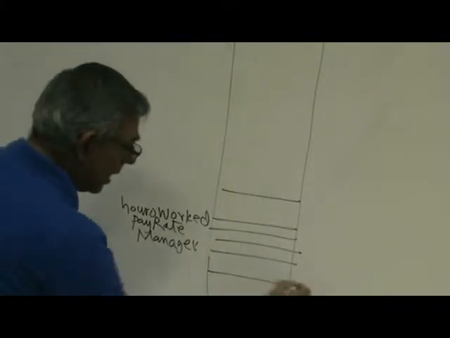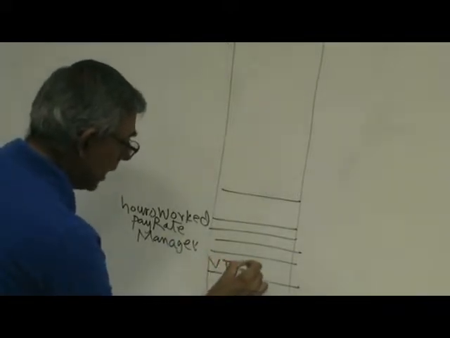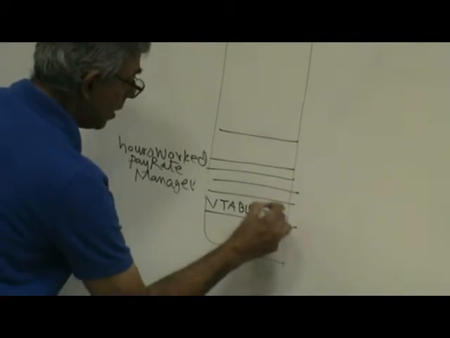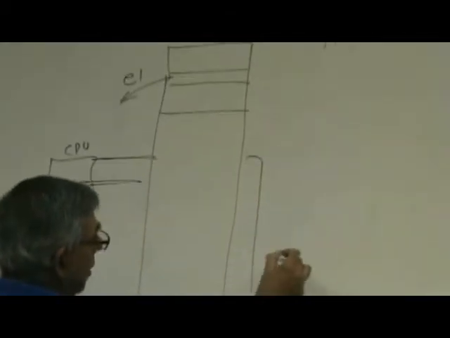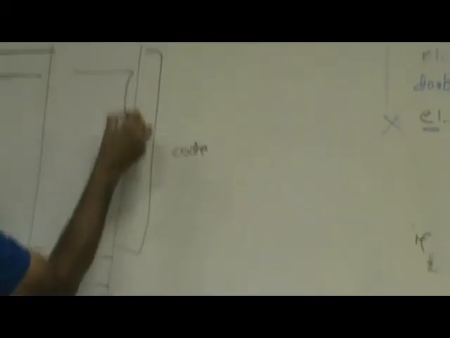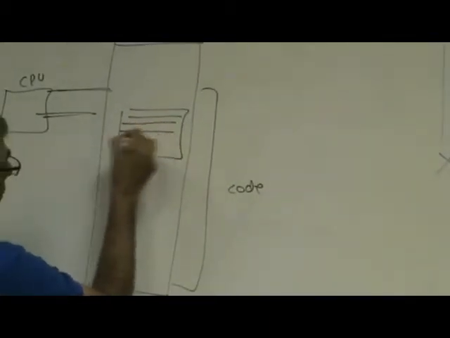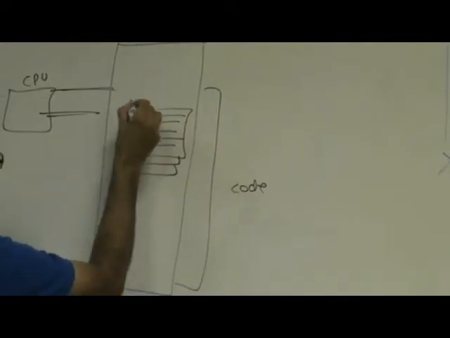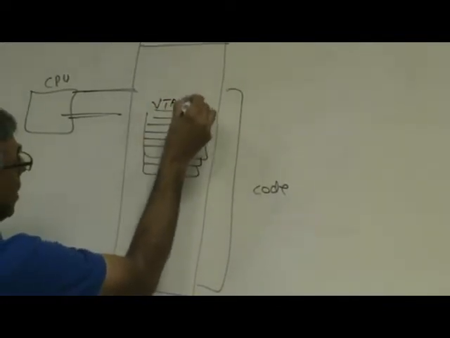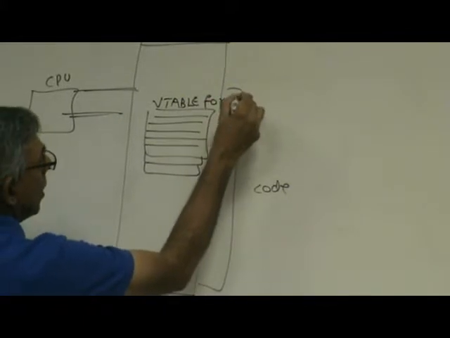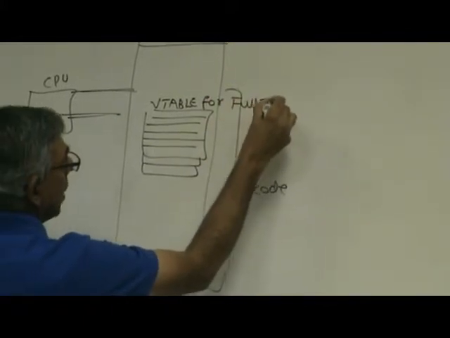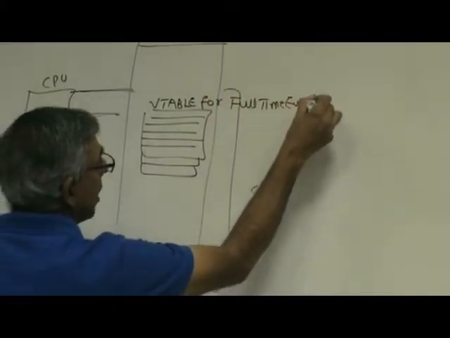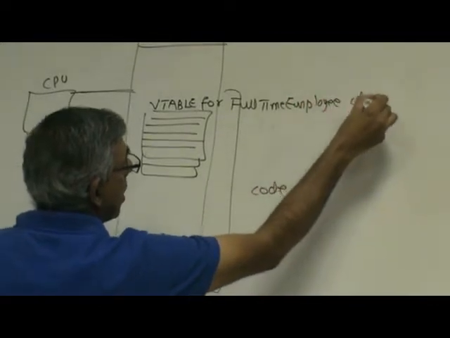And then there will be the vtable pointer, the extra pointer. This will take us to the code area. In the code area, 1, 2, 3, 4, 5, 6, 7, 8. This will be the vtable for the full-time employee class, correct? So this will be pointing to over here.